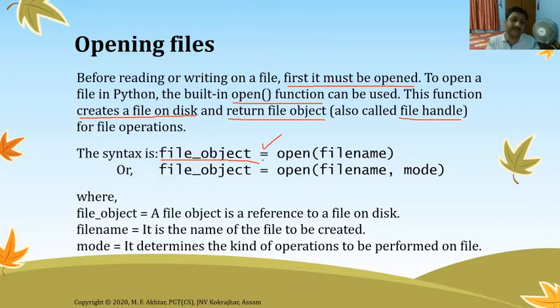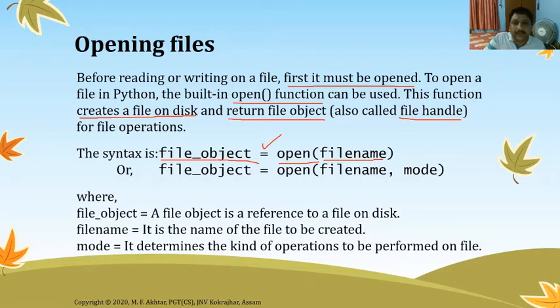A file object is just an identifier, meaning you can give any name, and that name must follow the identifier naming rules. And what are those rules? You already know. Then on the right hand side of the assignment operator, the open function is given, and then the file name within single quotation or double quotation marks.